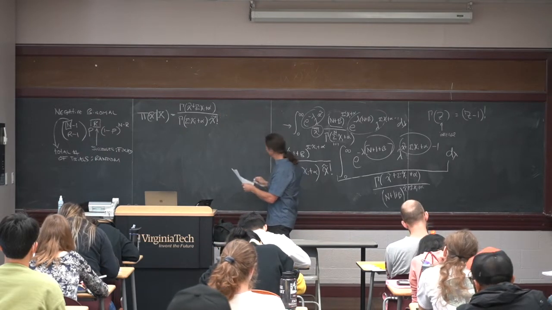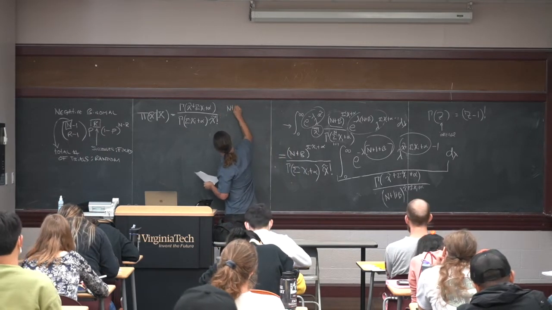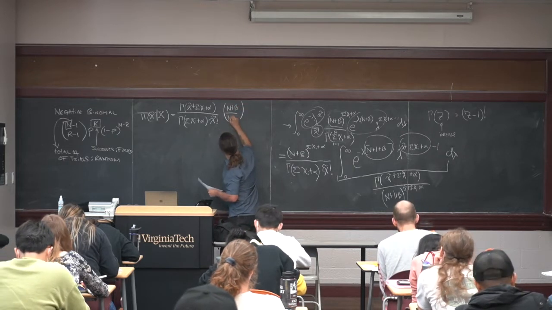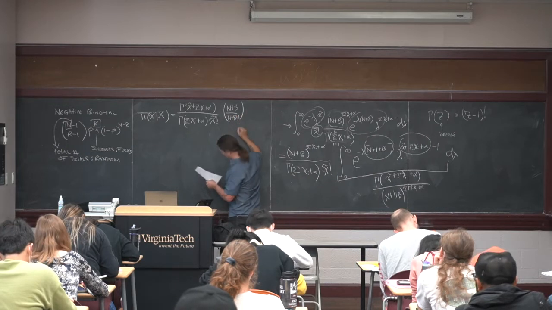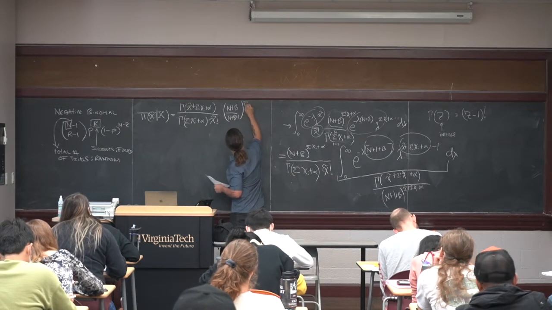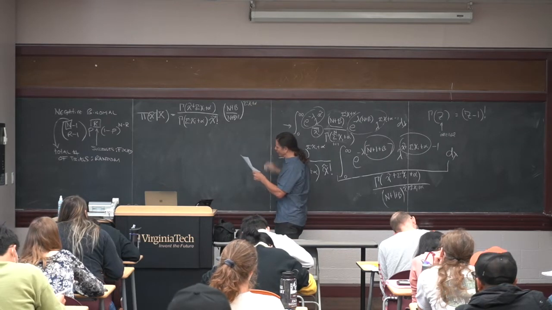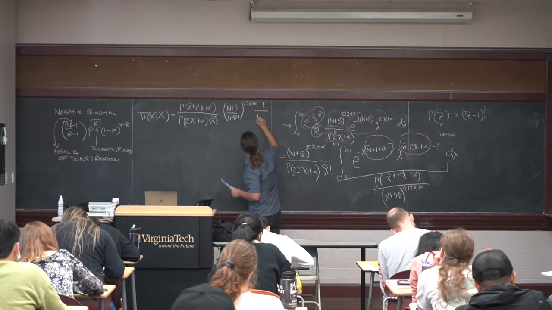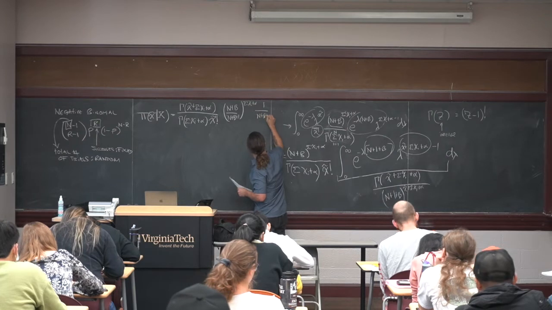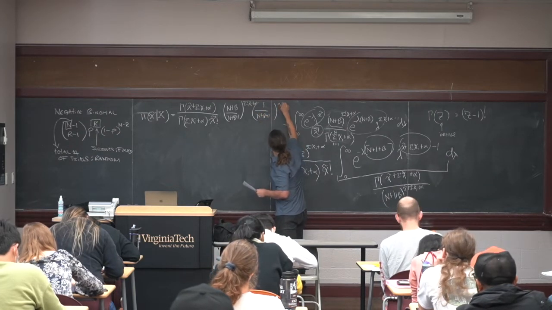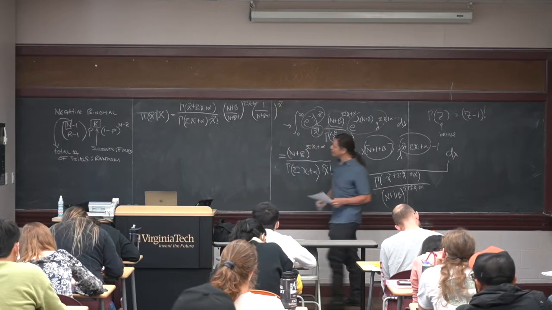So that will look like n plus b over n plus b plus 1, raised to the sum of the xi's plus alpha. And there's one other term: 1 over n plus b plus 1, raised to the x tilde.